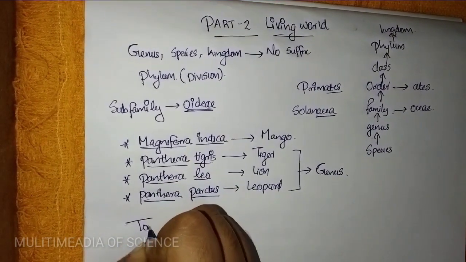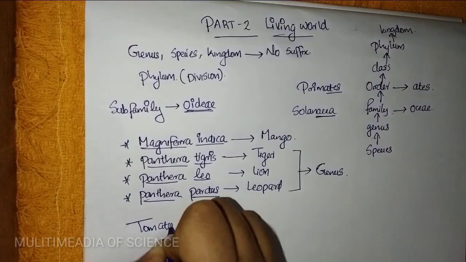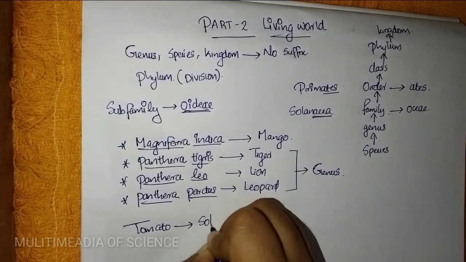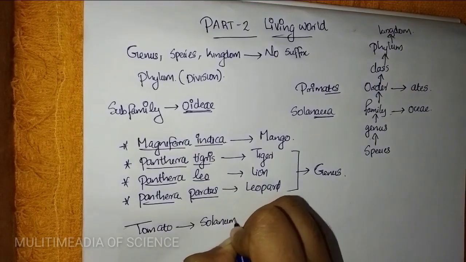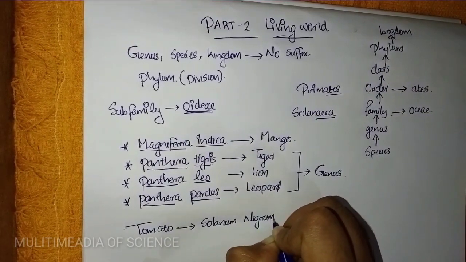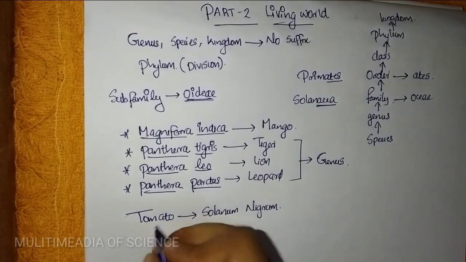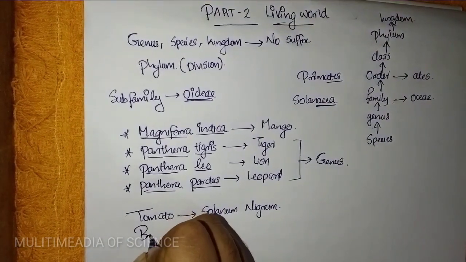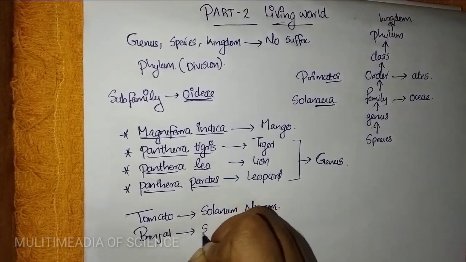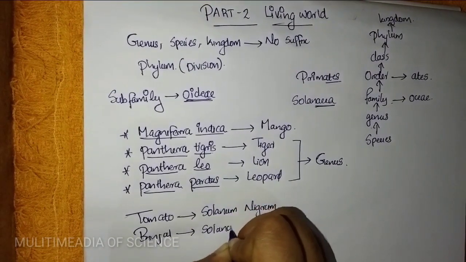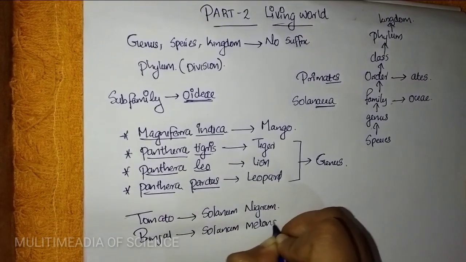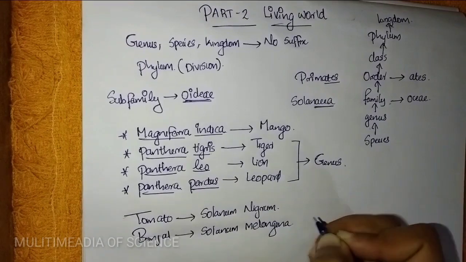Next is about tomato. The scientific name of tomato is Solanum lycopersicum. Brinjal is not mentioned in the NCERT textbook, but I am writing this for mentioning another one. So Solanum melongena is the scientific name for brinjal.